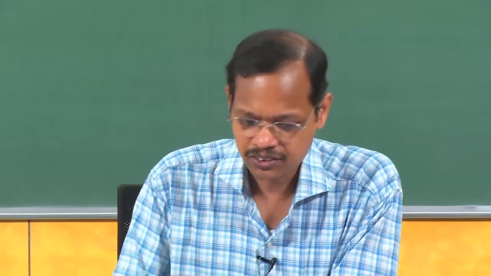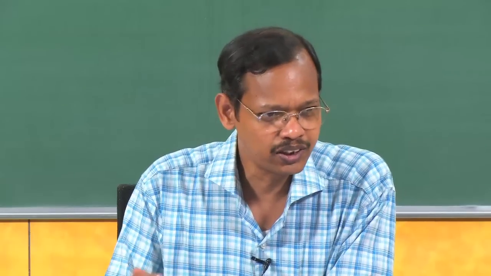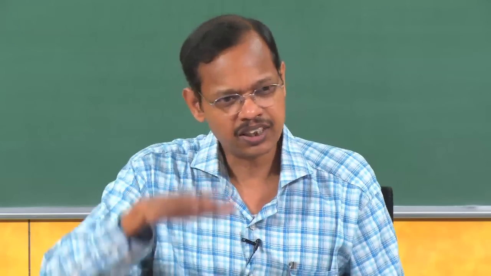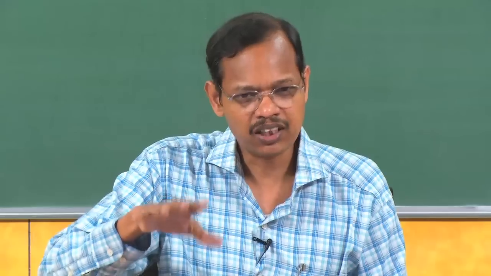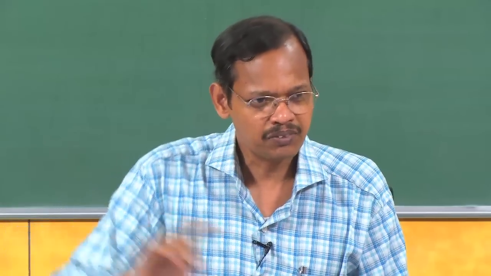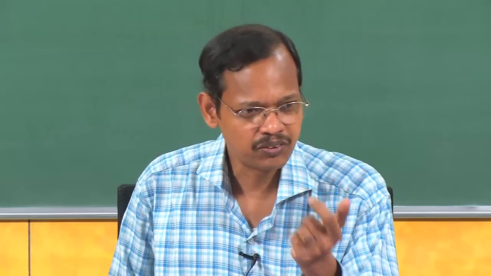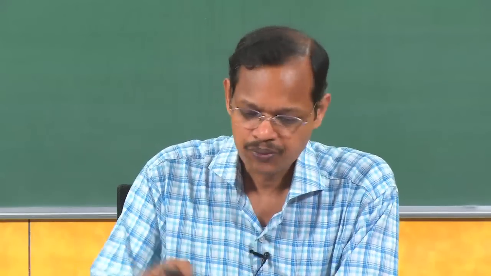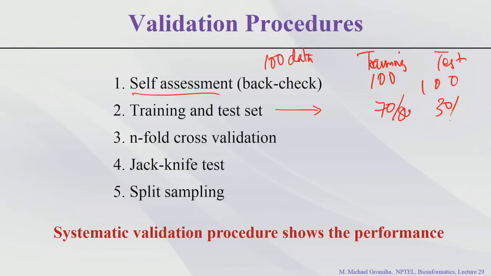Then you change the training and test to 80-20 or 60-40 and see, even with less training data, if you can predict well on more test data, that means the features you get from this training are reliable and important for predicting the test set. So, we need to have different sets: 70-30, 80-20 or 60-40.